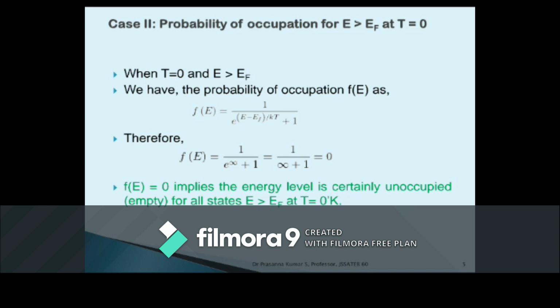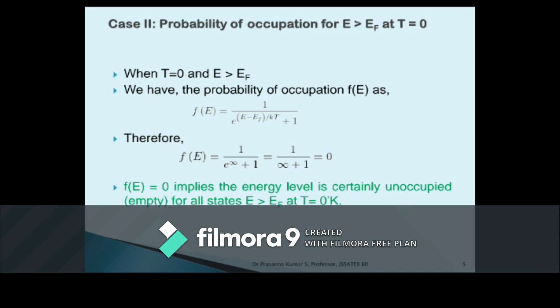Now coming to the second case, where you are looking at the probability of occupation of electrons in the states above EF, above Fermi energy. The condition is again T equal to 0 Kelvin.